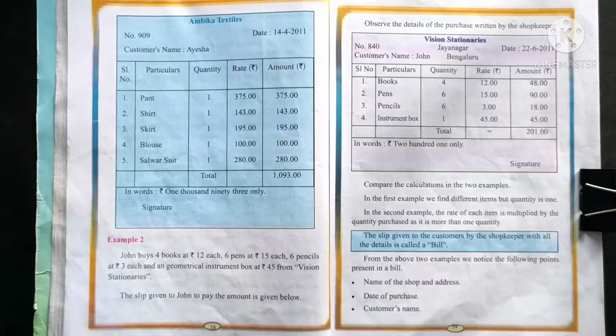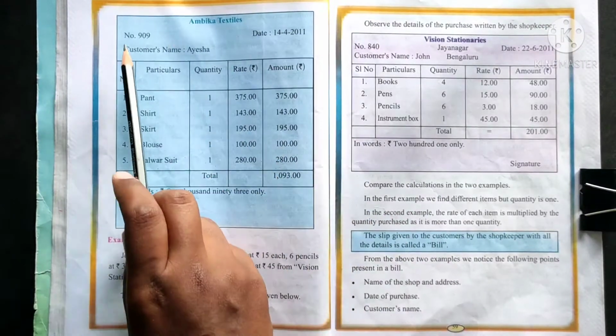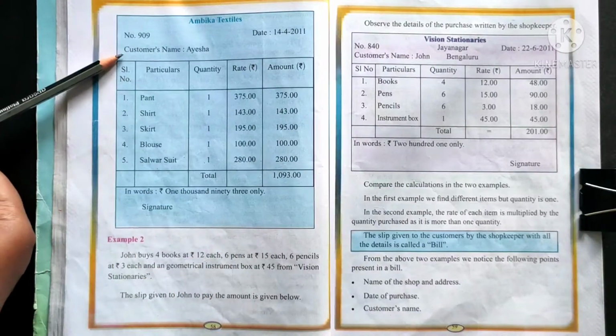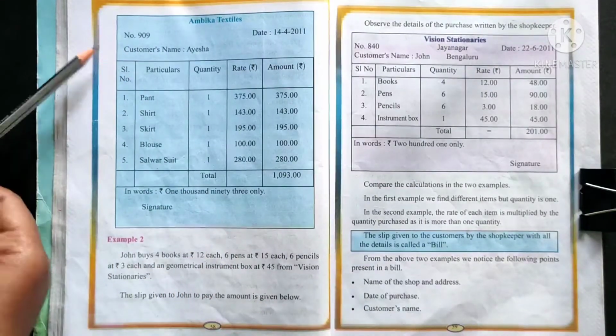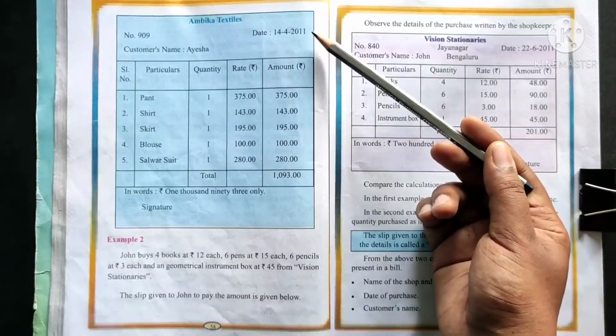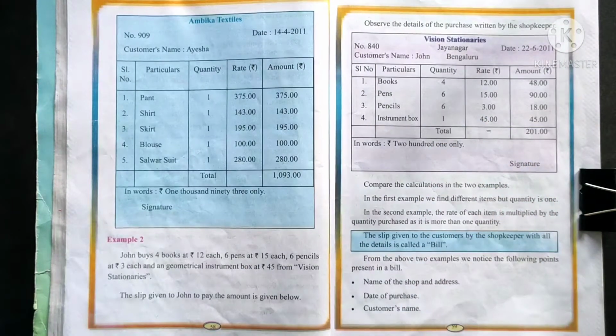So now observe this bill carefully. What does a bill consist of? You can see the name of the shop. You can see the bill number here. You can also see customer's name, that is Aisha, and she purchased it on the following date, 14/4/2011. And what else does a bill consist of?